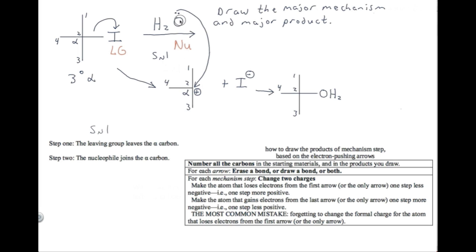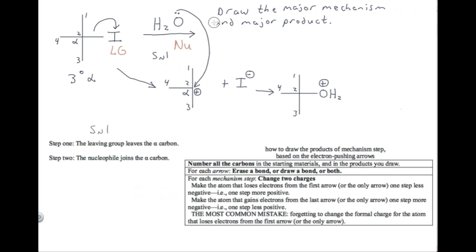The oxygen began neutral, and it's losing electrons, so the oxygen should become one step less negative, one step more positive, so this oxygen ends up with a positive formal charge. The most common mistake that students make on this step is forgetting to put in this positive formal charge. My experience is that students have a really hard time remembering to change the formal charge on this first atom.